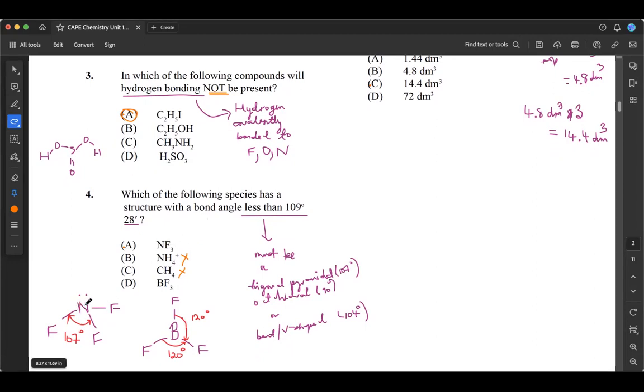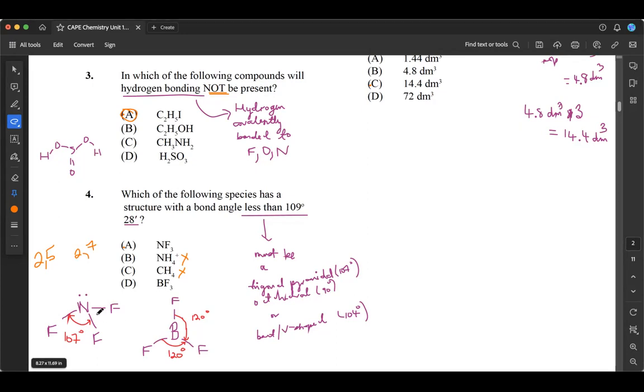So nitrogen, we know, has what? 5 valence electrons, right? So it has 5 electrons that it can contribute to bonding. Now, if it bonds with fluorine, which only needs 1, right? Because fluorine is what? Fluorine is 9, right? So it would be 2, 7. So it only needs 1 to be satisfied.